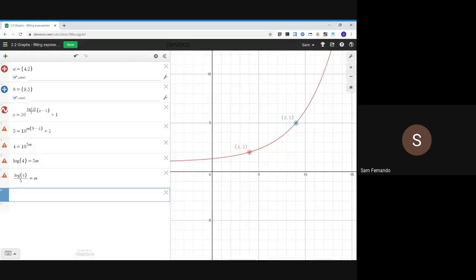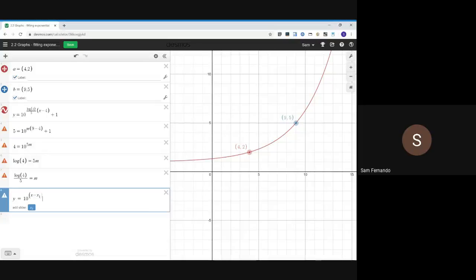Let's think about what happened. What did we do? Shifted x by the first x value. Let's call it x1. I'm going to make up some points in a second. But we shifted it by the first x value, which is x1.